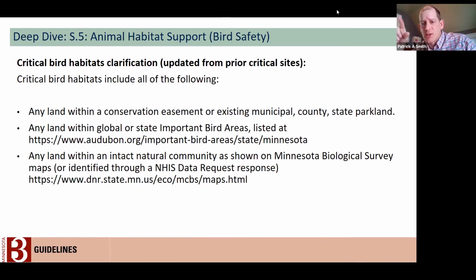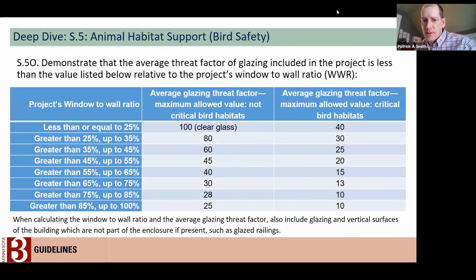And then we're also picking up the NHIS, the Natural Heritage Information System from the DNR, as an area to note for higher bird importance. So that critical sites definition tells you whether you're on the right or left column of the following table.